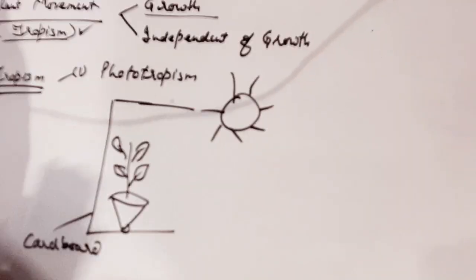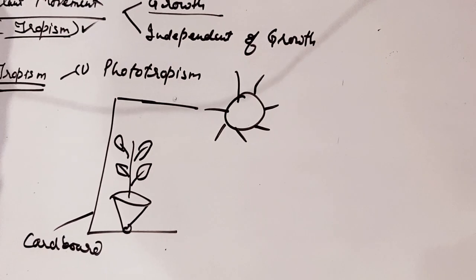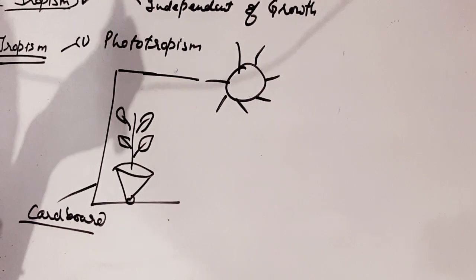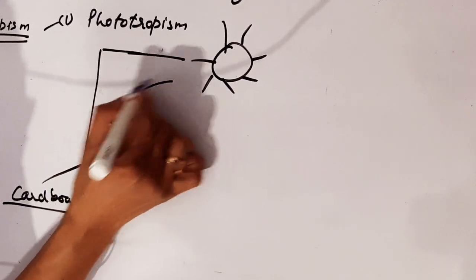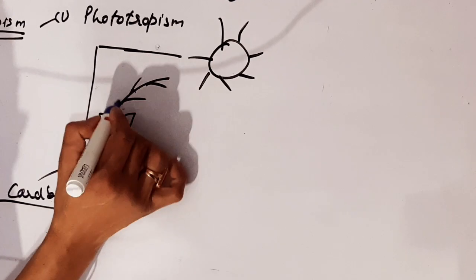This is a cardboard covered from three sides, and from one side it is exposed to the sun. Now imagine what will happen. After some time you will see that the growth is taking place like this.